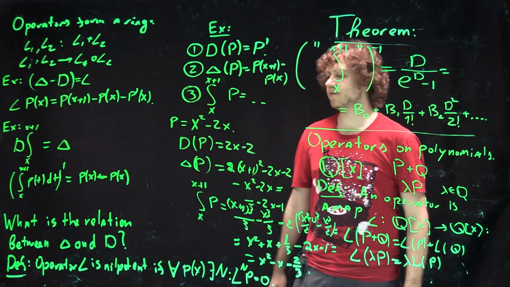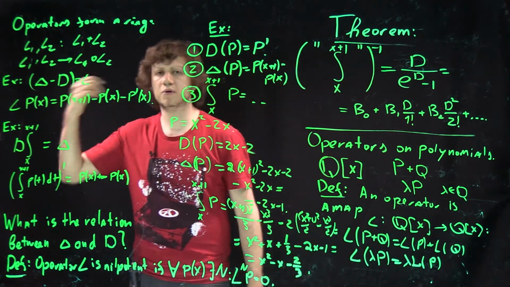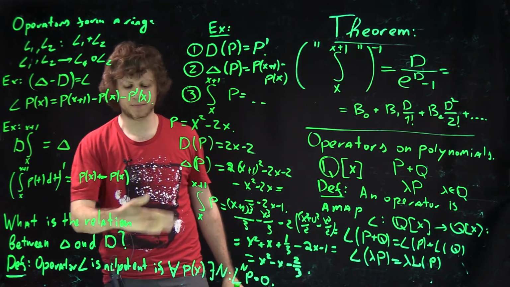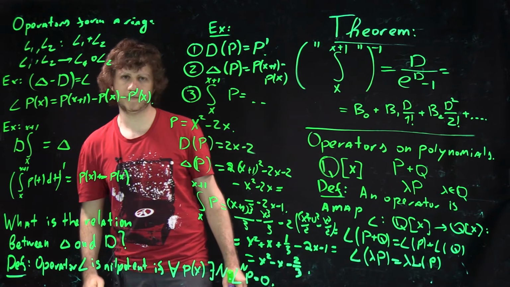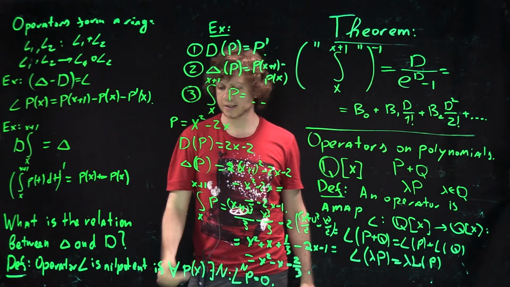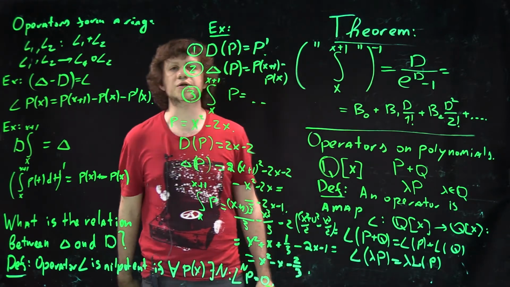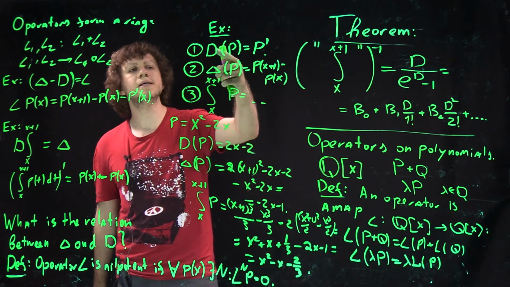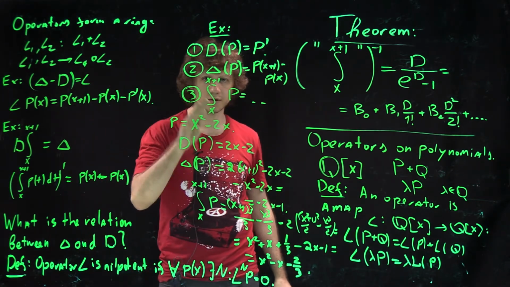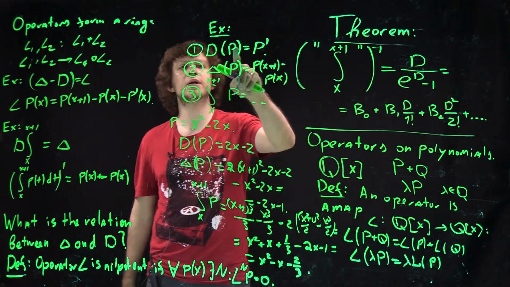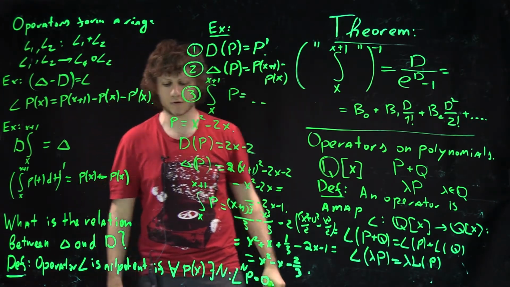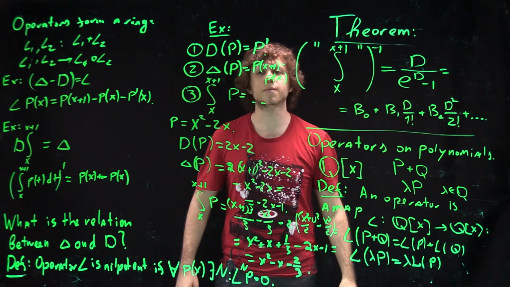So it means that if you take some operator and apply it over and over and over to some polynomial, you can always get to 0. So that's a definition, and of course we have a lot of such nilpotent operators. D and delta are examples of those, because every time you apply them, the degree goes down by 1, and so if you apply d more than degree times or delta more than degree times, you will get 0. So they are nilpotent operators.